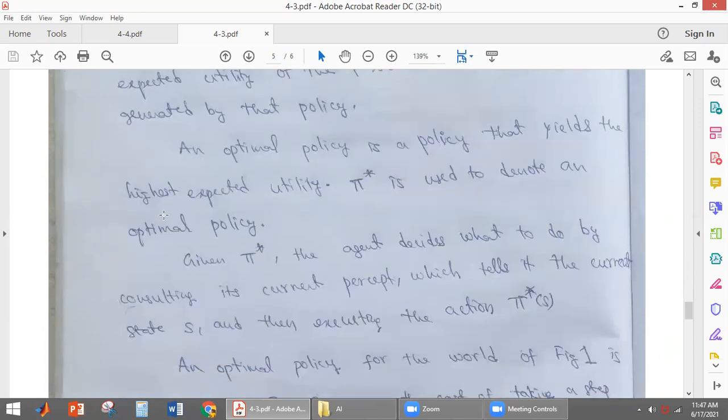Okay. Given pi star, the optimal policy, the agent decides what to do by consulting its current percept. The agent depends on a Markovian process. What is a Markovian process? To obtain the next state, it should know the current percept. It depends on the current input.